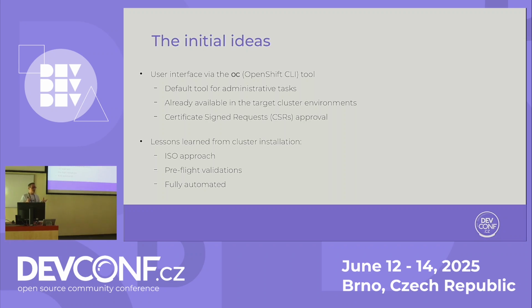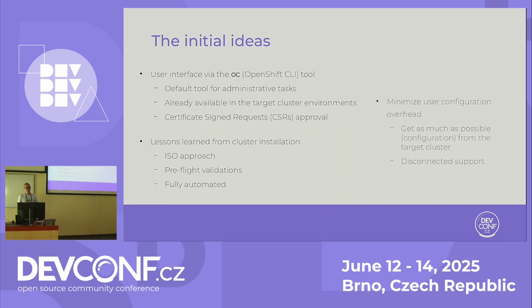The ISO approach, shaping everything with an ISO that you can easily manipulate and move from one environment to another, from a connected to a disconnected one, was particularly appreciated. The pre-flight validations, so the fact that we tried to anticipate as much as possible the issues that could prevent the final operation from succeeding. And moreover, the fully automated approach. That was another fundamental pillar.